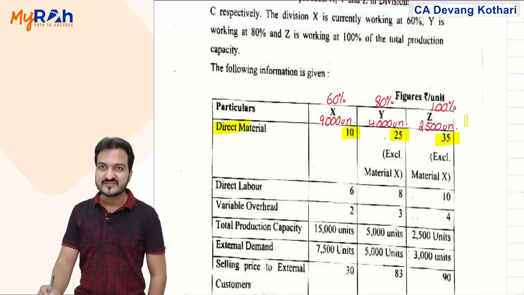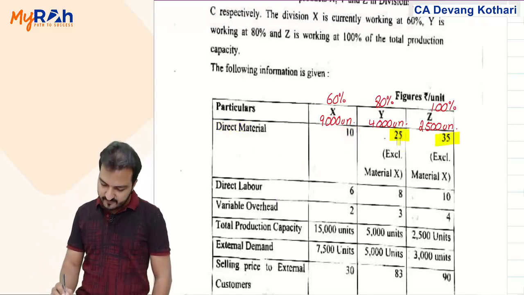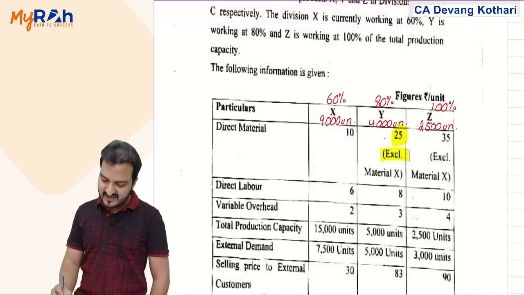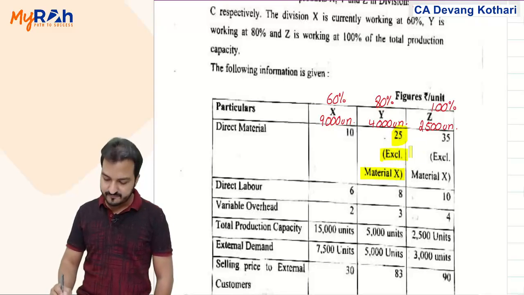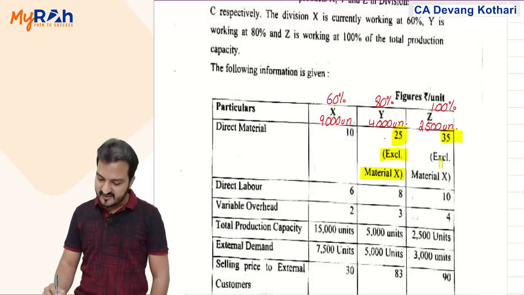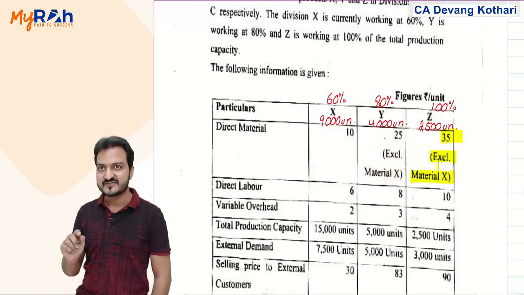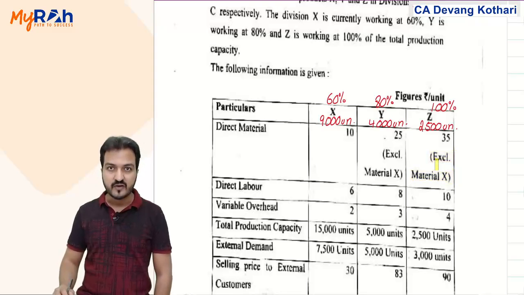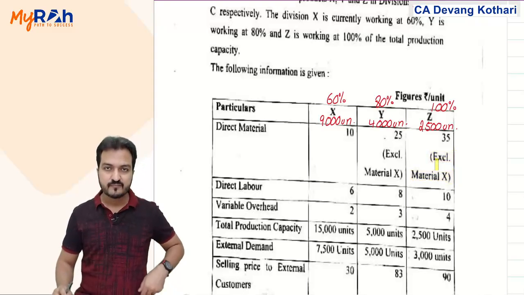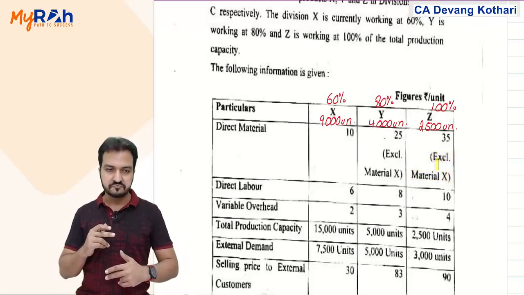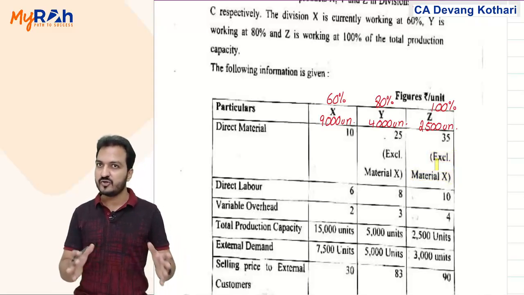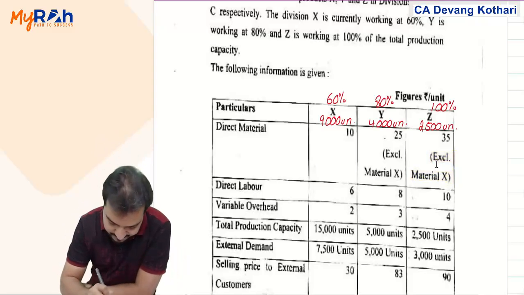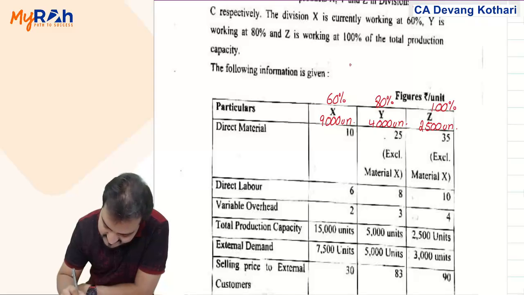Further, you are given direct materials in X 10 rupees, Y is costing 25, Z is costing 35. But notice in Y and Z they say that this material cost is excluding material X. This material cost in Z is also excluding material X. Now that gives you a hint that in this company the 3 divisions are not consecutive divisions. It is not a continuous process.